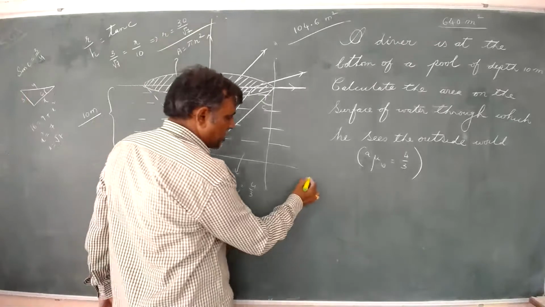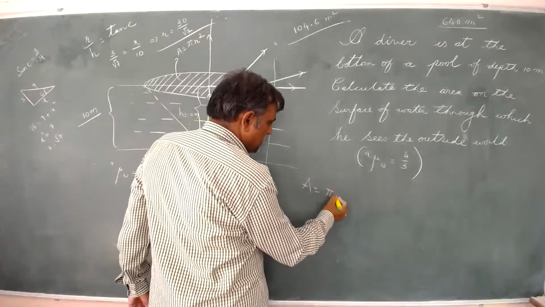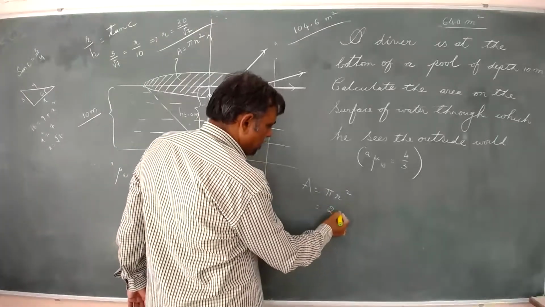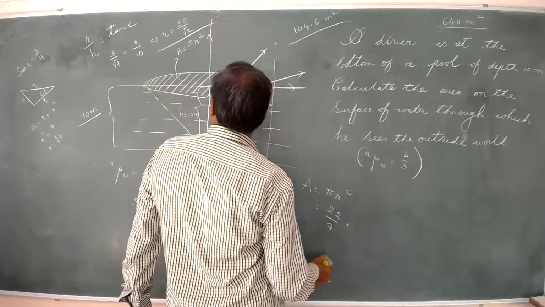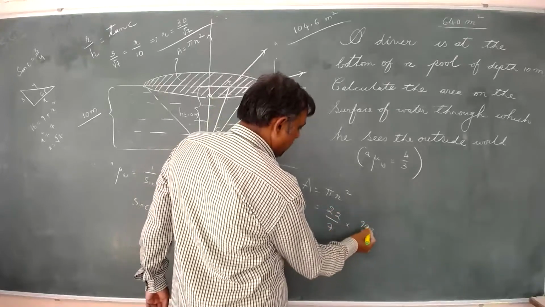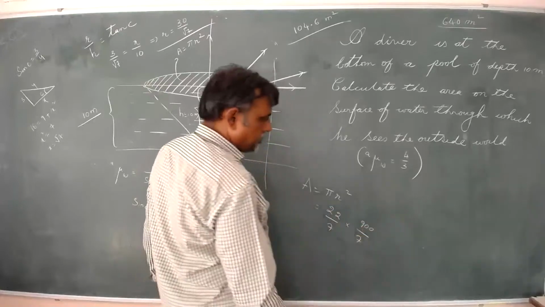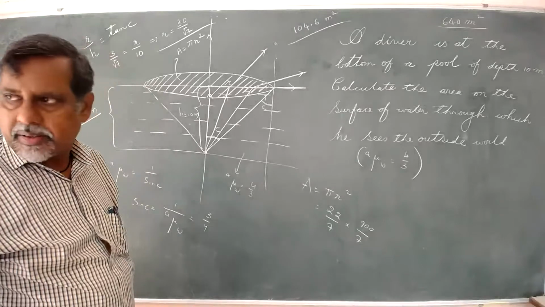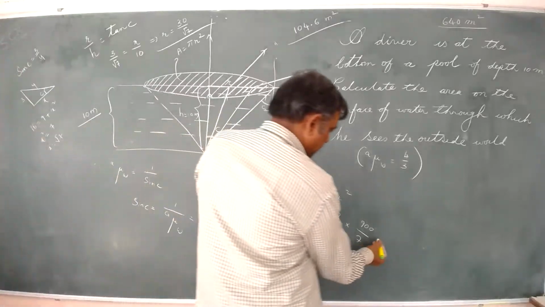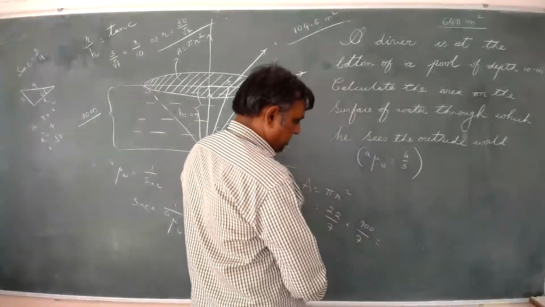Area is pi r square, so pi, 22 by 7, into r square. 900 divided by 7.